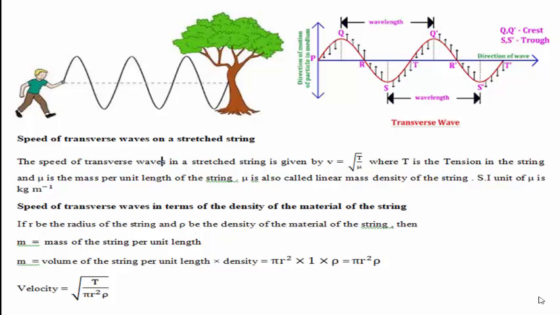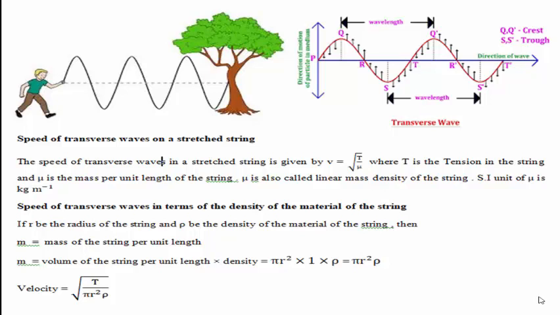The first wave and the second wave, both these two waves have a wavelength of lambda and lambda. Here the wavelength is taken from crest to crest and trough to trough. So you can easily see in the diagram, in the upper portion the wavelength is taken from Q to Q dash.